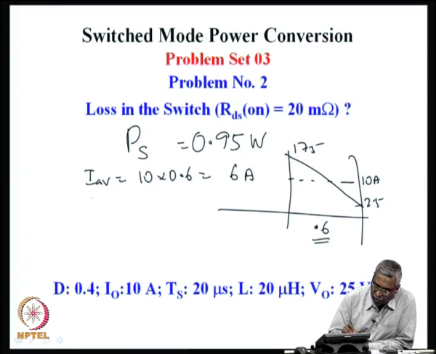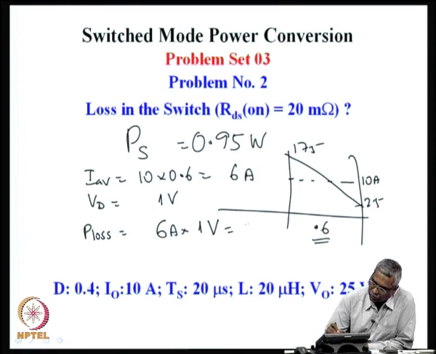And if the voltage drop in the diode is about 1 volt, then the power loss in the diode will be 6 amperes, the average current, into 1 volt, that will be 6 watts.